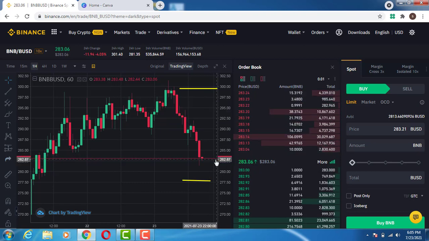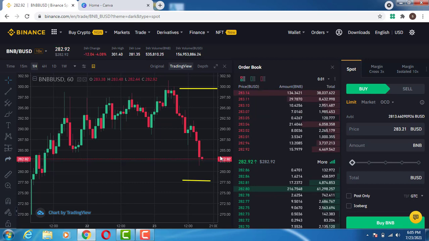The reason is because above this current market price are sellers ready to sell BNB to you. So you must actually know how to set these orders perfectly with the right parameters, and then you will see that you are going to place it right and your trade will execute once price comes to that area.